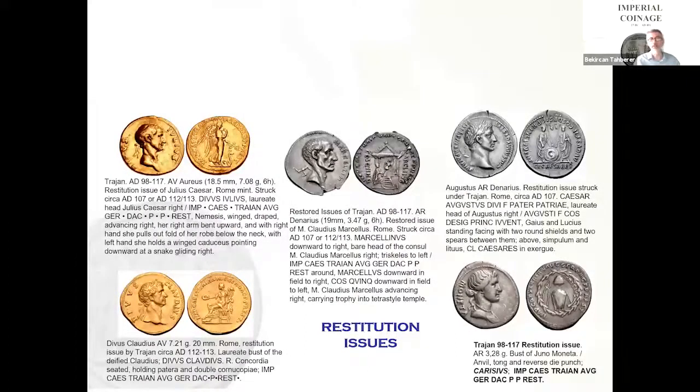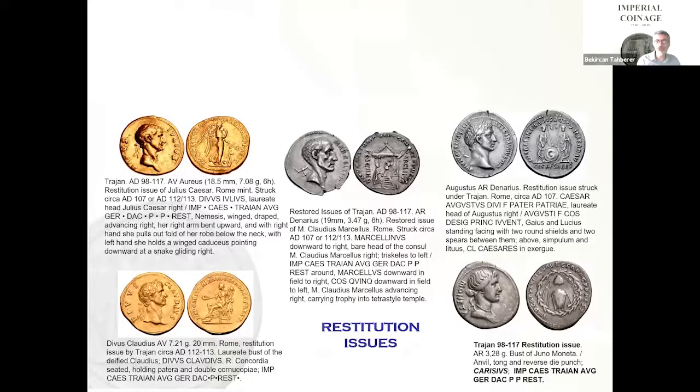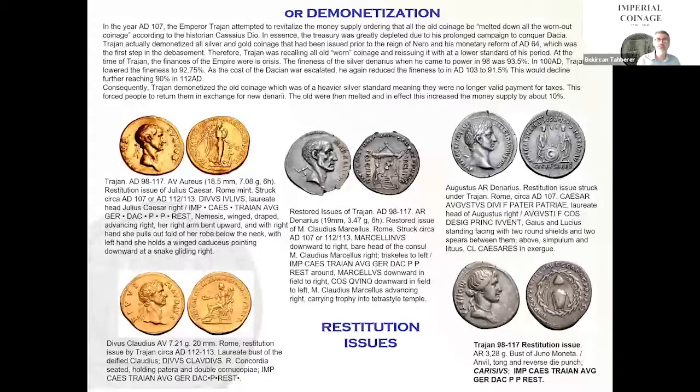Restitution issues are common on Roman imperial coinage. And the largest one is seen on the coinage of Trajan, Trajanus. But was Trajan really trying to restitute or show his respect to the previous nobles of the Roman Empire, or was it a demonetization of the Roman coinage?